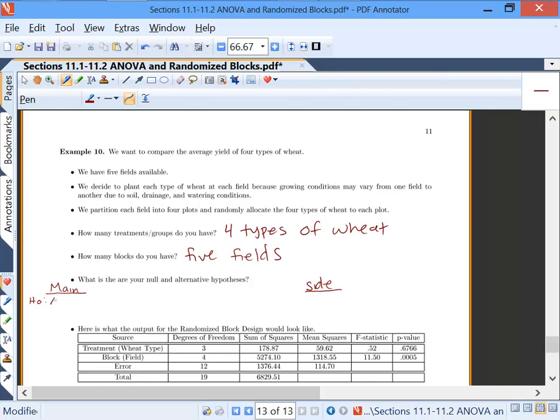So the means are equal for the 4 types of wheat. And the alternative would be that not all means are equal, or at least one is different from the others.